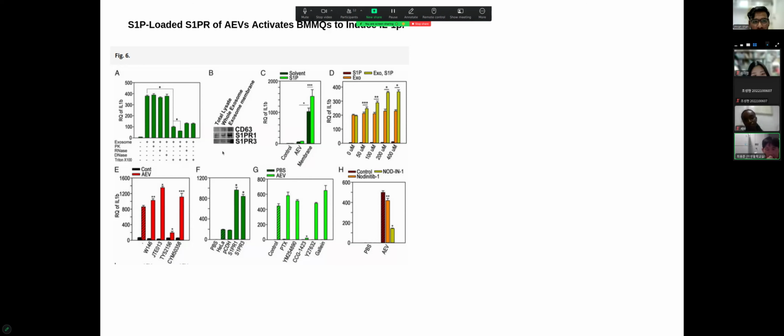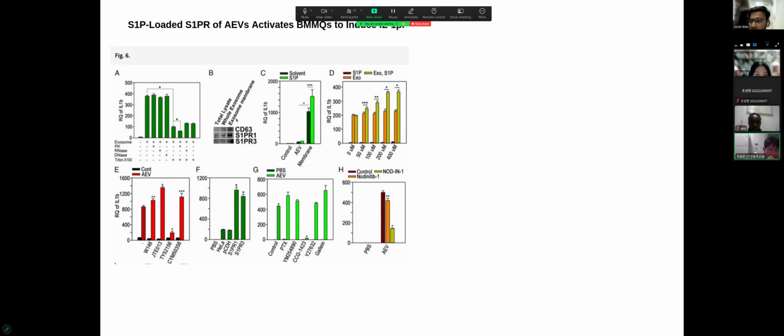and the whole exosomes and also the exosome membrane were checked for the expression of exosomal markers, and it was found that they were highly expressed in the membranous part. Also, the membranous part has a greater tendency to induce inflammation in the macrophages.